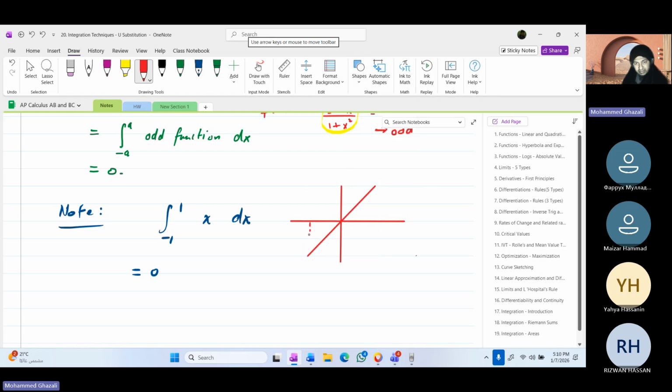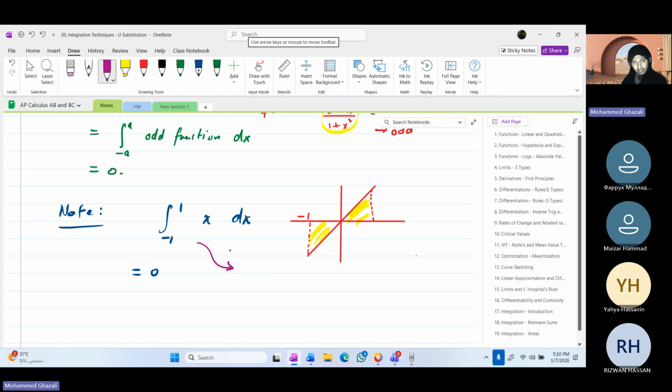You see, you're going to integrate from negative 1. Remember, when you're integrating from negative 1 to 1, you're finding the area. This area will be negative because it's below the x-axis, and this area will be positive. So if you add both the areas, it will become 0. So let's just integrate and I will show you.